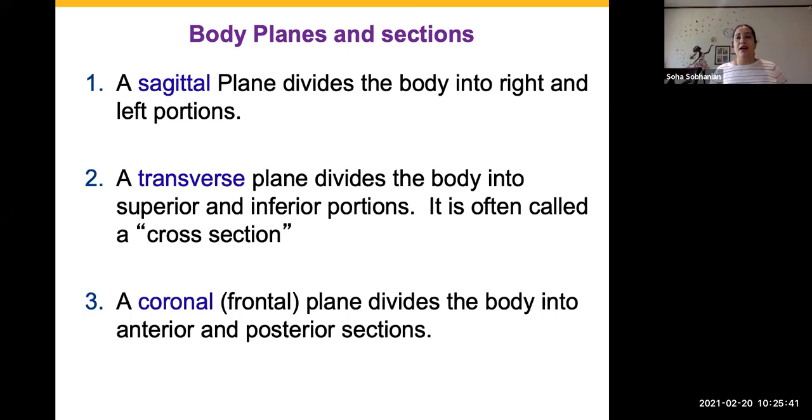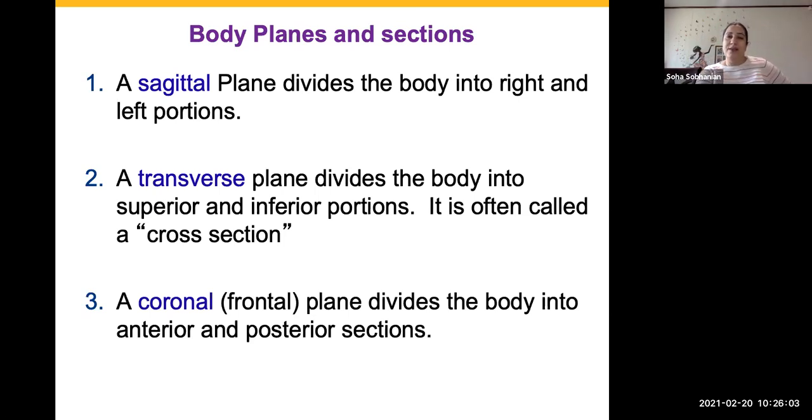The other way I can cut me, not cut me, but you know what I mean, I can cut like this, right? This type of cut is called the transverse plane, and I'm going to have a top portion and a bottom portion, right? Or a superior and an inferior.